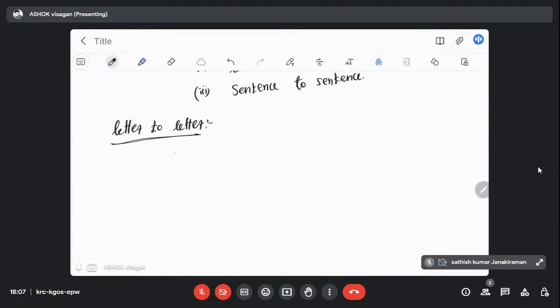If they are giving you a 4-letter word and a 4-letter coded word, and they are asking you to find the answer for another 4-letter word, definitely the problem will be easy. You can at least guess the answer.